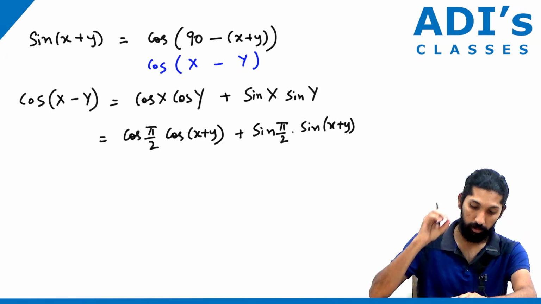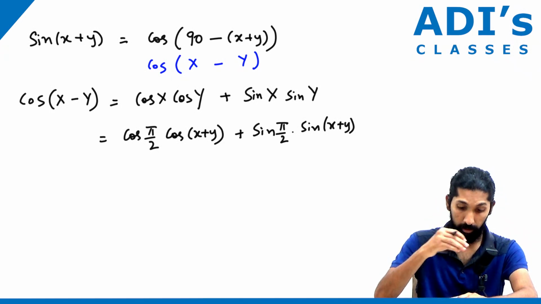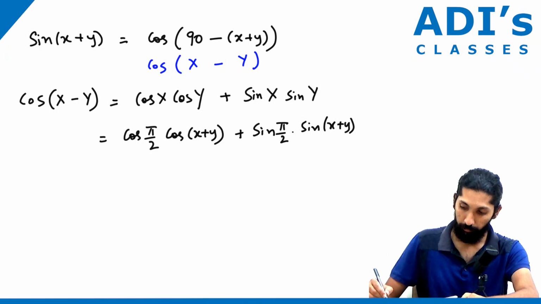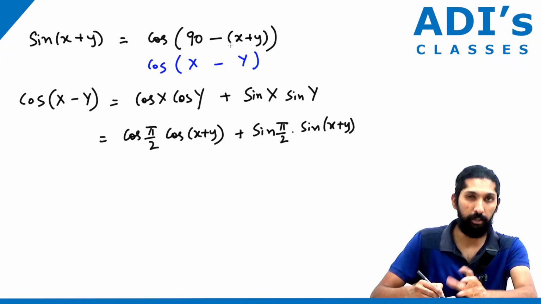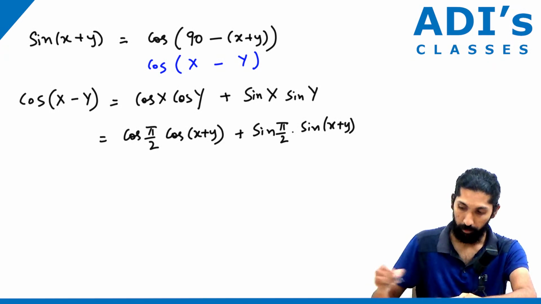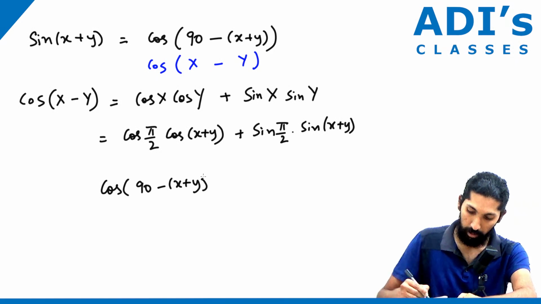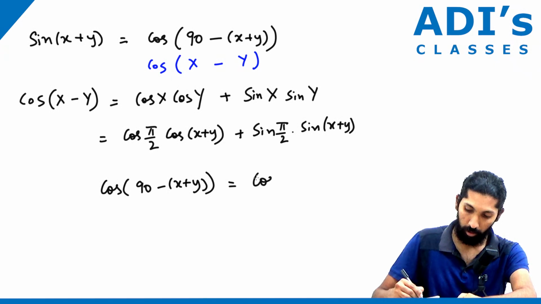Now, when we have sine of x plus y, which is cos of 90 minus this one, we are going to take it in a bit different way. That means cos of 90 minus of x plus y. Now, this we can write as cos of 90 minus x, minus y.